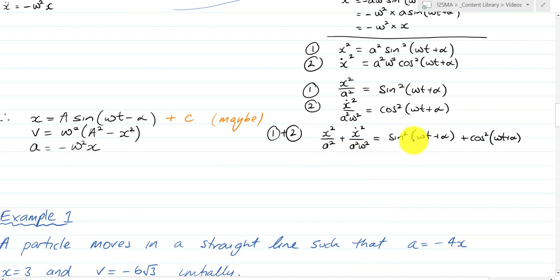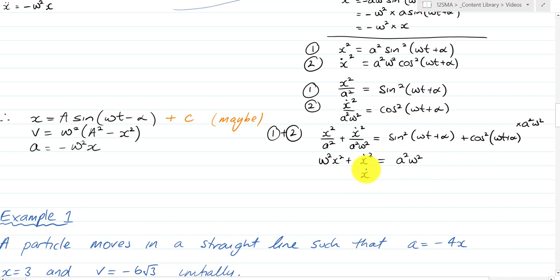So this whole thing is equal to 1. Now I'm going to multiply by A squared omega squared at the same time, and that will give me omega squared x squared plus x dot squared is equal to, now this became 1, so now it's A squared omega squared.